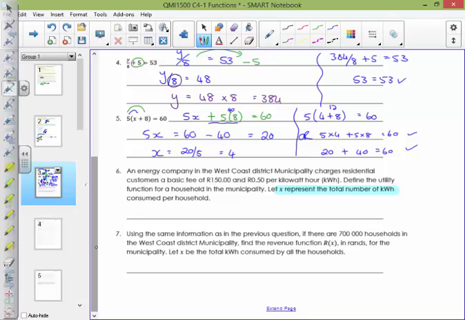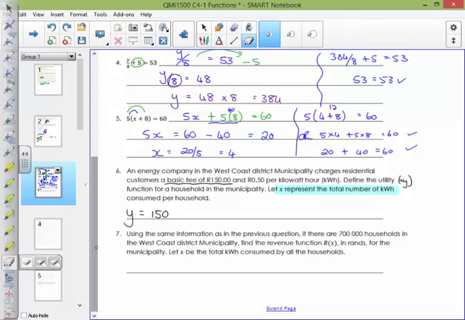So they're going to be charged a basic fee of 150 regardless of what they're going to use. So Y is equal to their total bill. The utility function, let that be Y. The function, or the function of X if you prefer. Does that make a difference?